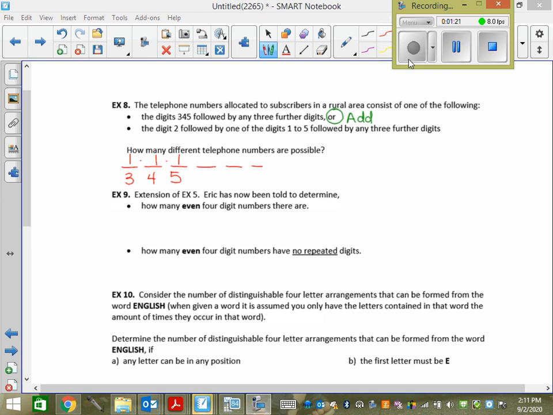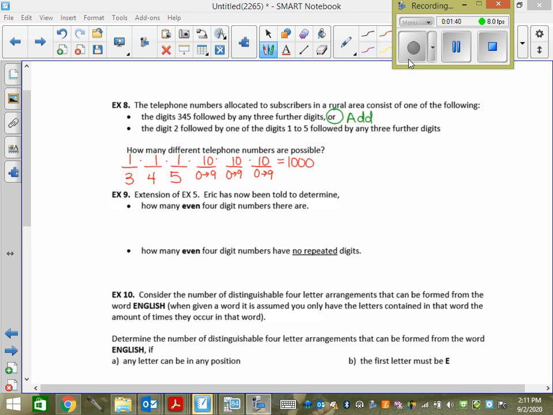So we have to deal with these ones first because they were restrictions. And here I could have 0 to 9, 0 to 9, 0 to 9. So 10, 10, 10, which is equal to 1,000. Exactly.